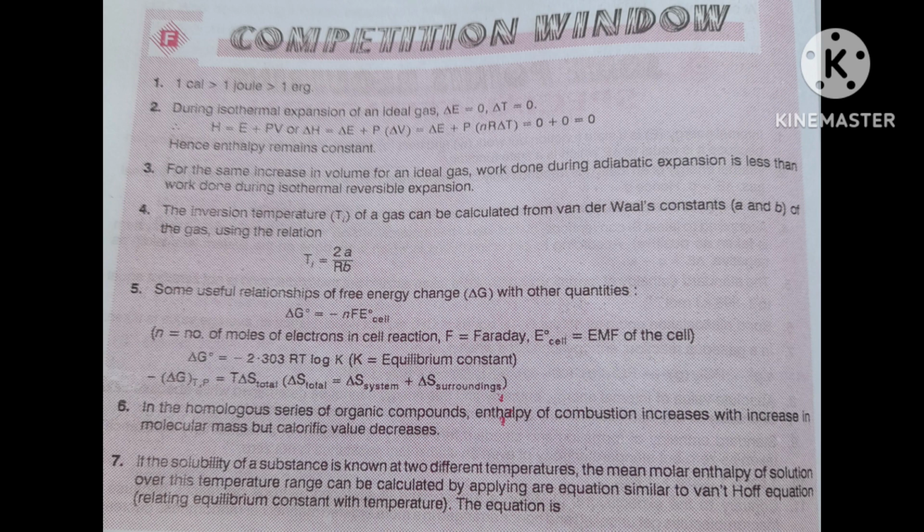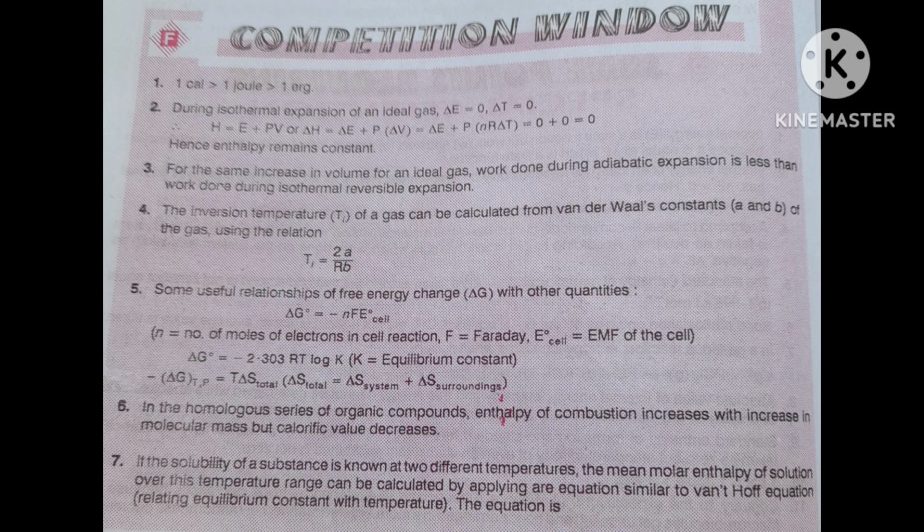But here the condition is per gram. In a homologous series, the molecular mass will increase. More mass means it will give more heat after combustion, because molecular mass increases in the series.